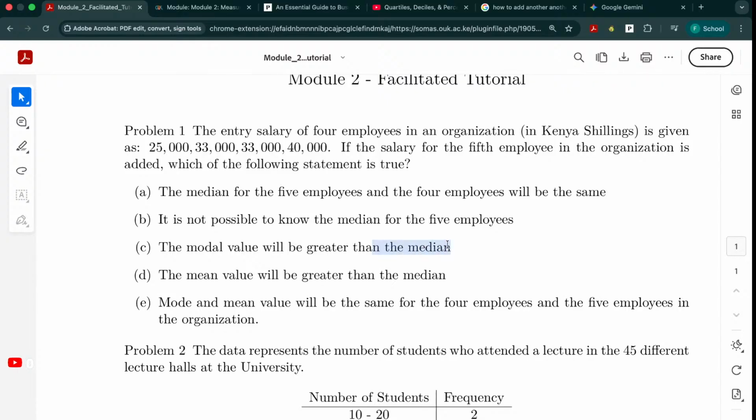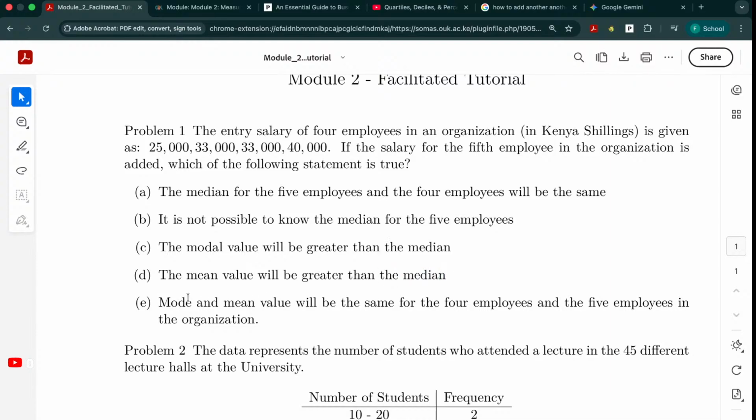Since we don't know the median, I say this is false. For D, the mean value will be greater than the median. I said false, same reasoning. We don't have the value for the median.